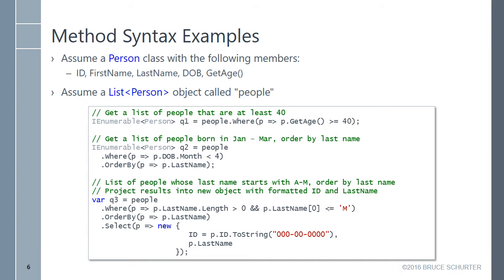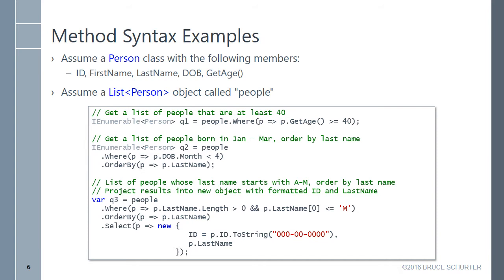So it's going to represent a single person in the list of people. We're saying where p such that p.GetAge is greater than or equal to 40. That will return true or false based on whether or not each given person is older than 40 or equal to 40 as well. Therefore, when we execute Q1, it should return a list of all of the people who match that criteria.